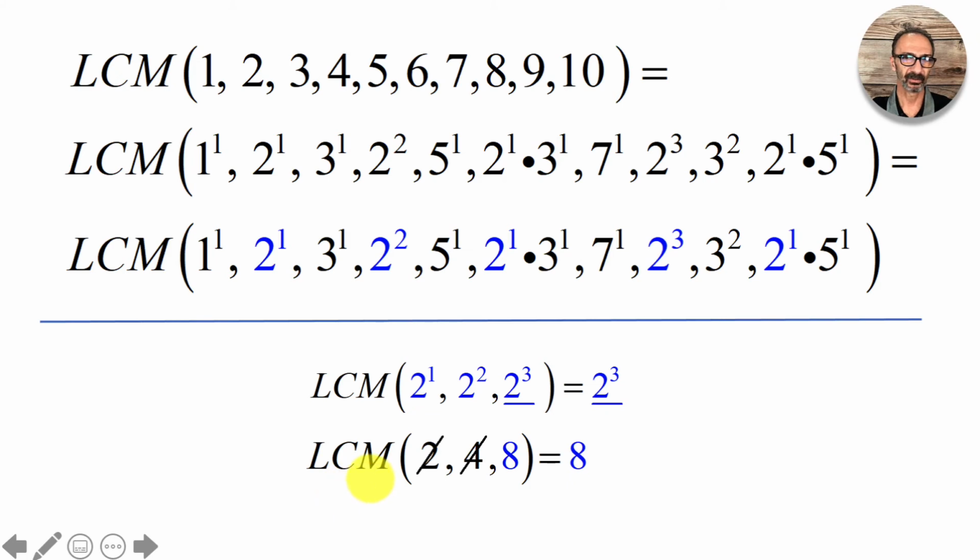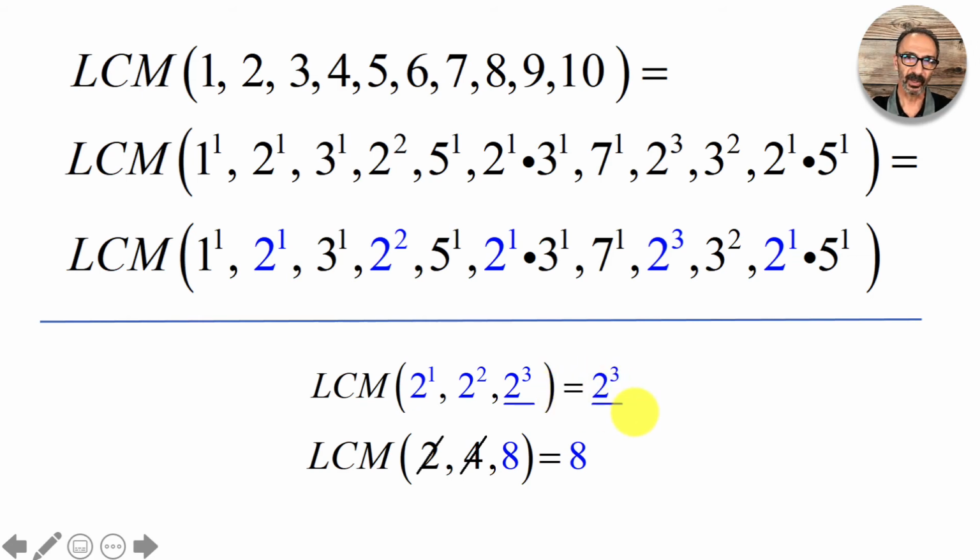Think about what's inside 2 to the second, which is 4. I think the least common multiple of 2, 4, and 8 is 8, right? 8 divides by 8, 8 divides by 4, and 8 divides by 2. So whenever you think about least common multiple, when you focus on 2's, you need to take the highest exponent, as which power has the highest exponent.